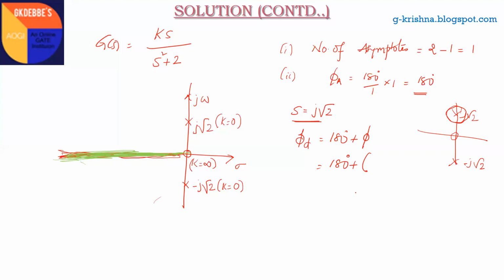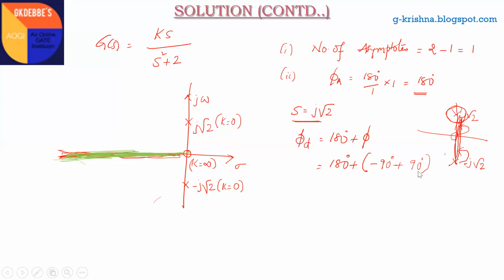The angle from this pole to this imaginary root, if we join it, will be 90 degrees. Since it is a pole which lies in the denominator, we take the negative sign, minus 90 degrees. Again, measure the angle from the zero to this root, which is also 90 degrees. Since it is a zero, plus sign, plus 90 degrees.